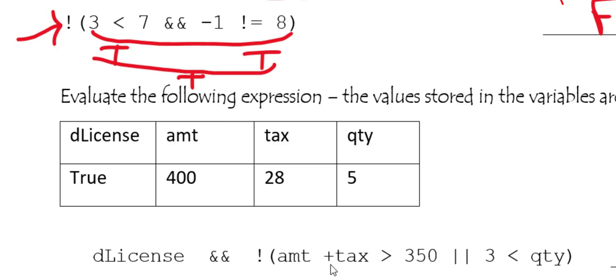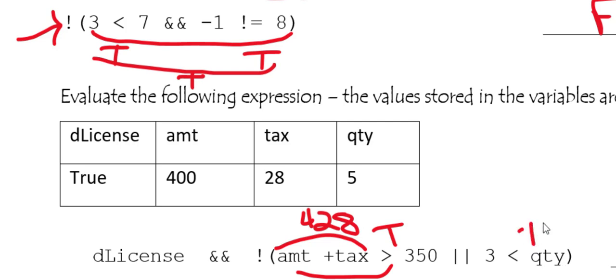Okay, so we will do the mathematical first, and we're going to add amount and tax together. So this will be 428. Then we'll do these two relational expressions. We'll just go left to right. So is 428 greater than 350? Yeah, that's true. 428 is greater than 350. Now we'll do this relational expression. Is 3 less than quantity? That's true.